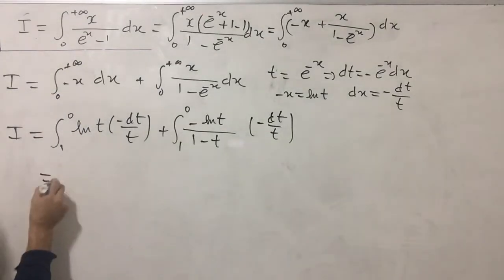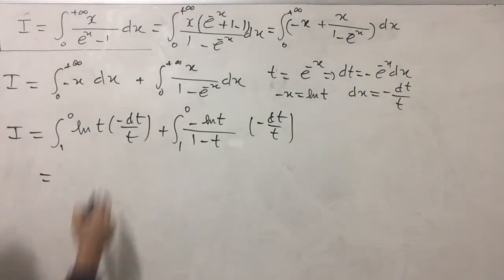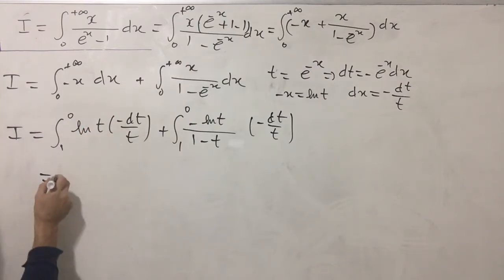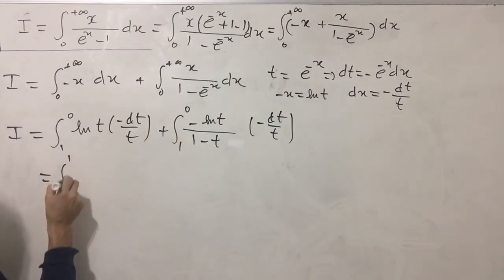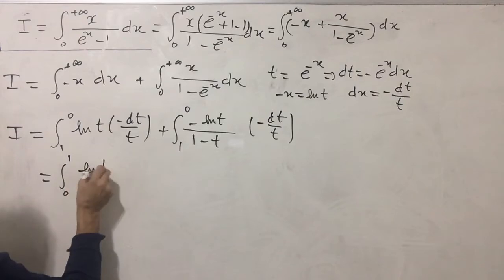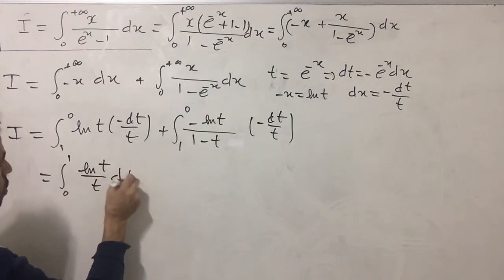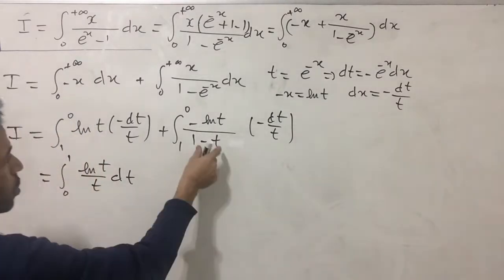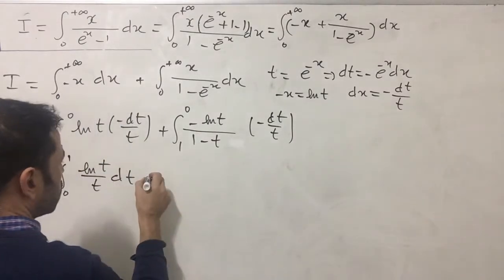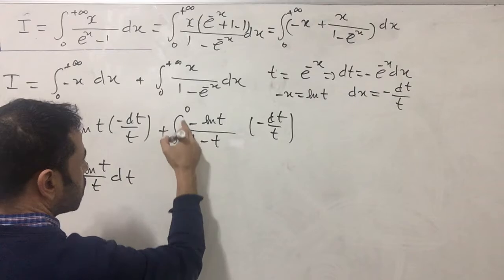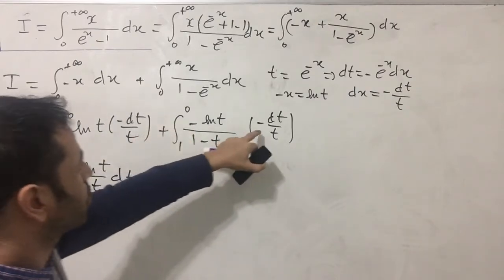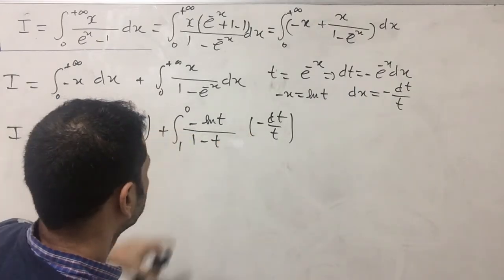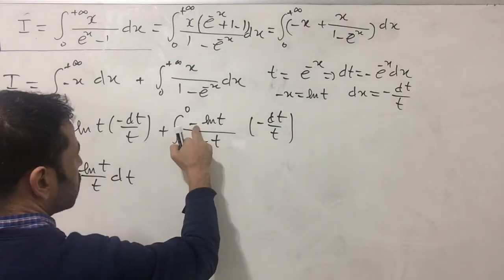So now I'm going to change the bound. This minus sign will be cancelled out, and I will have the integral from 0 to 1 of natural log of t over t dt. For the second integral, I'm going to change the bound as well.